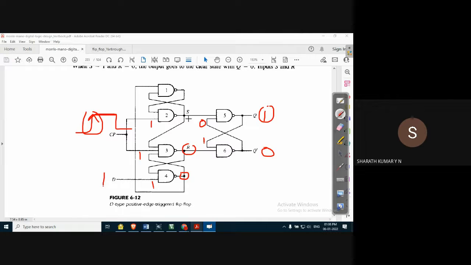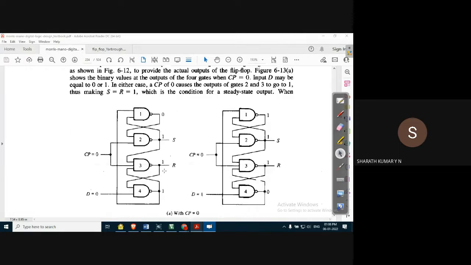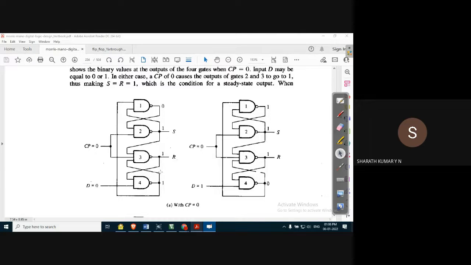Now let us say the initial condition of S. Let us discuss these diagrams. With clock pulse 0, initially, with D 0, this is 0, and hence the output of NAND gate 4 is 1. When this is 1, the input of NAND gate 1 is 1. The initial condition of S and R is taken as 1 1.